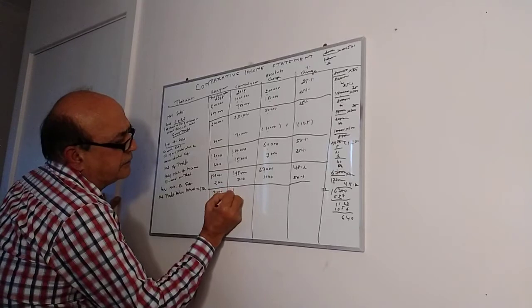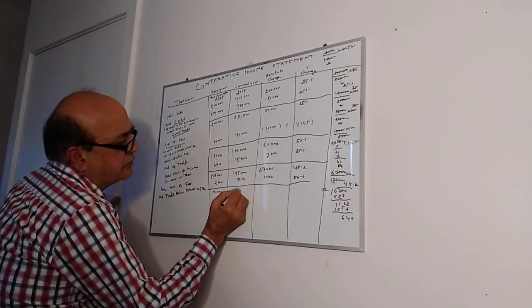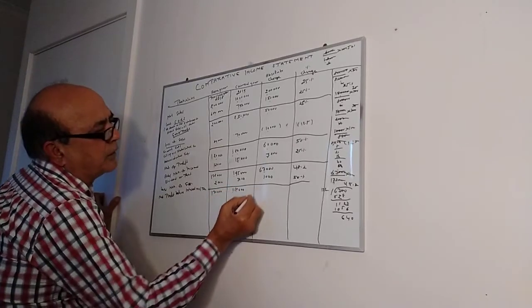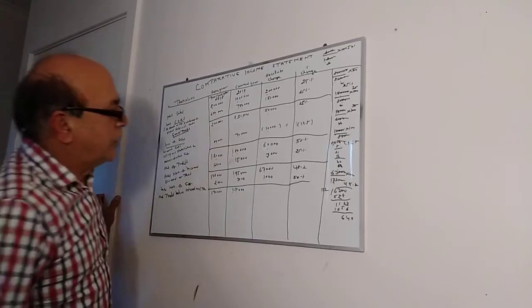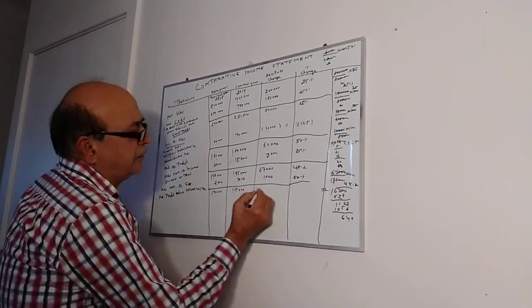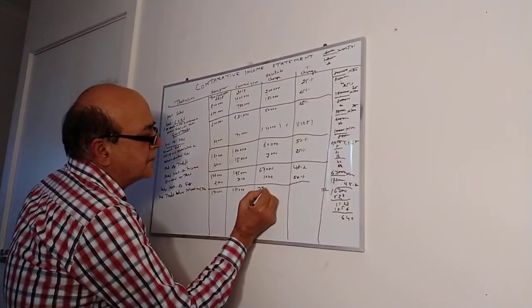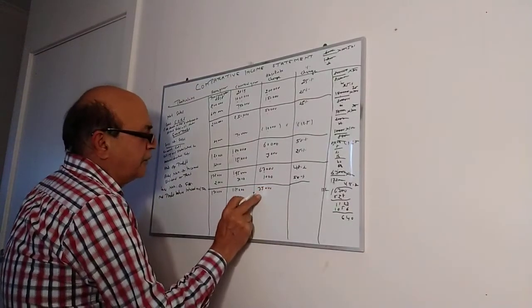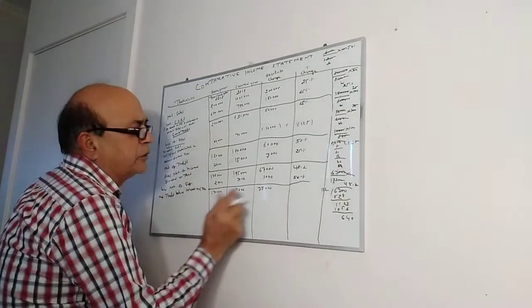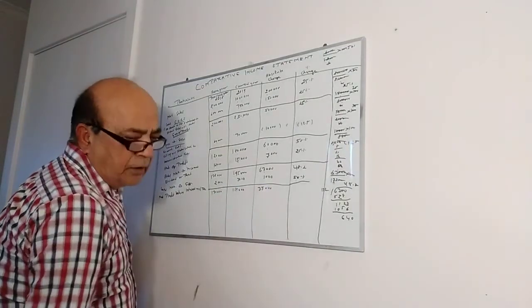This is 1,65,000. Now this would be 35,000. Now 35,000 upon 1,30,000 into 100.